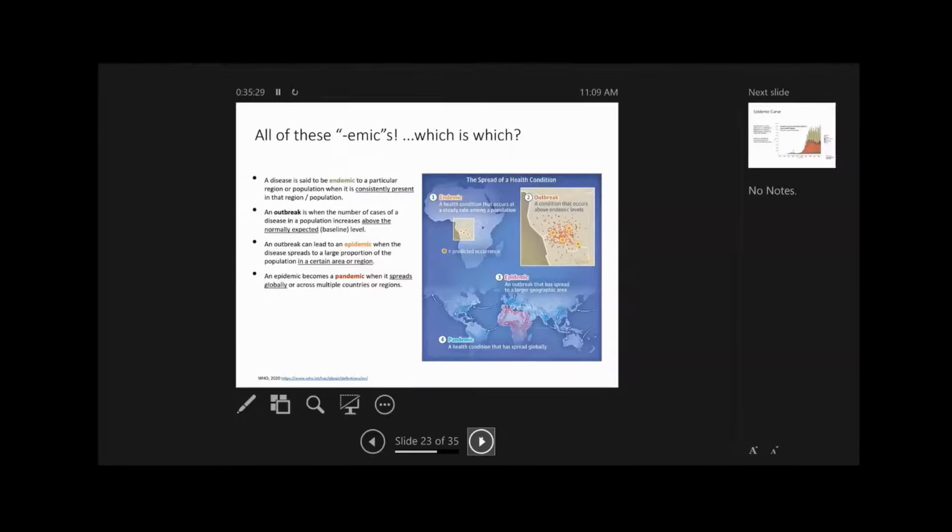For example, Kala Azar or visceral leishmaniasis is endemic in Bihar state in India. It is not endemic in Kerala or Tamil Nadu, right? So you just can't say what's endemic, what's not endemic, if you do not border your population of interest. You must say, in this particular district or state or region, this disease is endemic or not endemic.